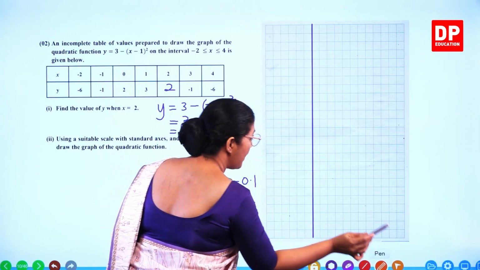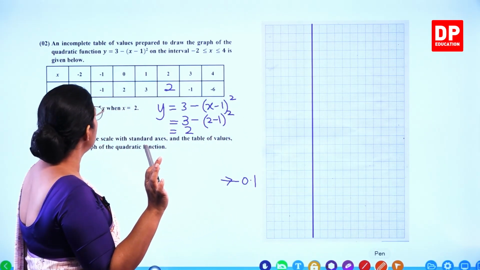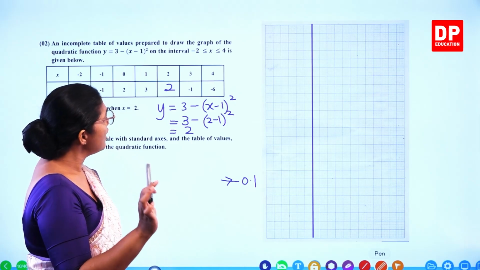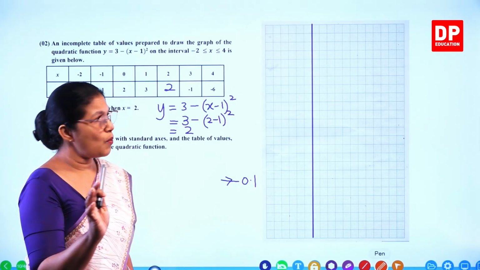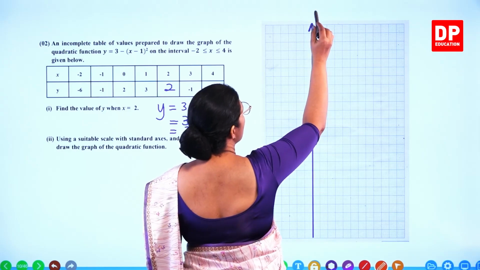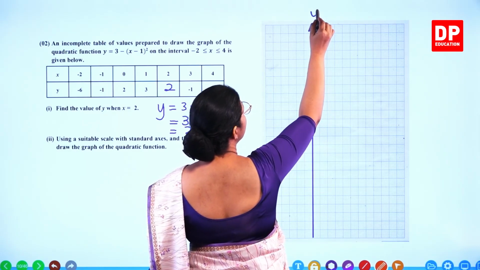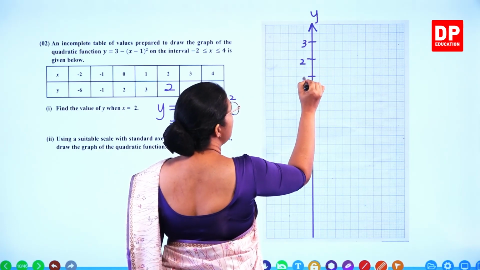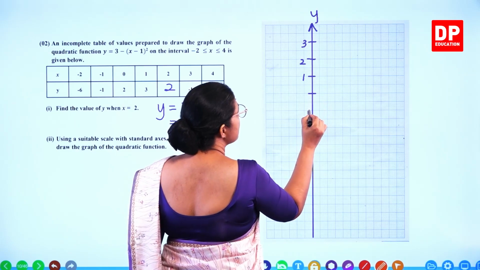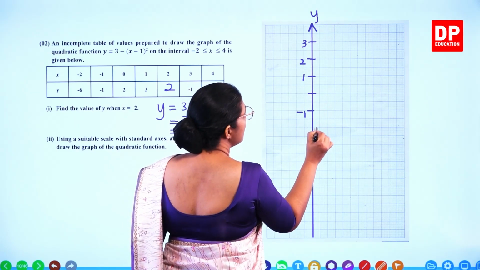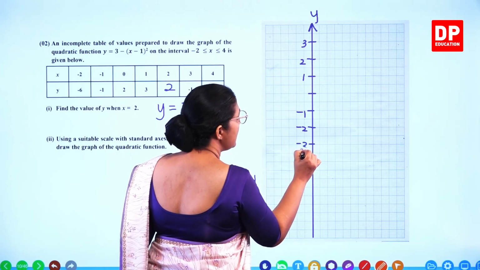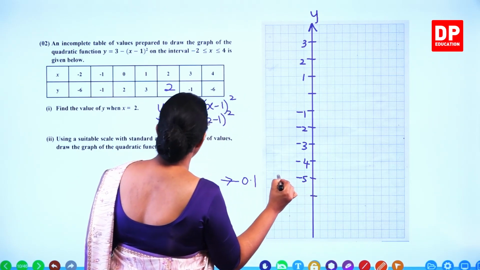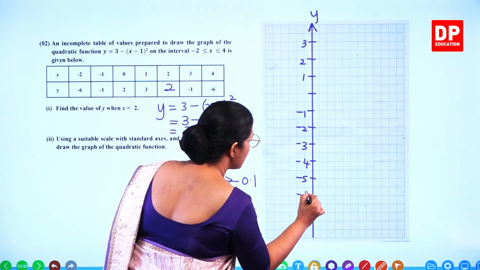Now you can scale the y-axis first. The maximum number is 3 and the minimum is -6. Here also you can take 10 squares for 1 unit, starting from 3. So 3, 2, 1, and this should be the x-axis, then -1, -2, -3, -4, -5, and -6 is the lowest.